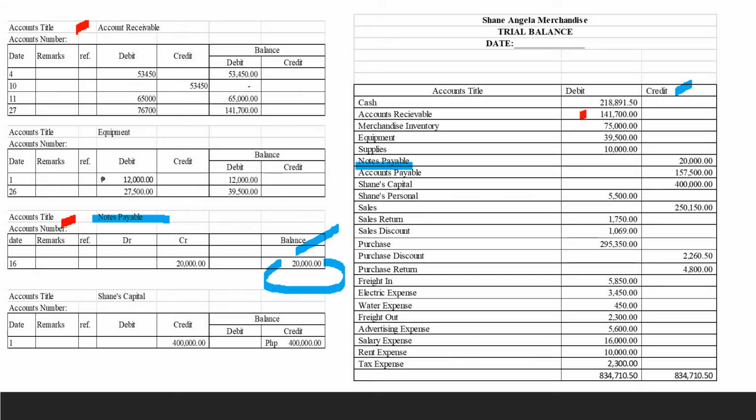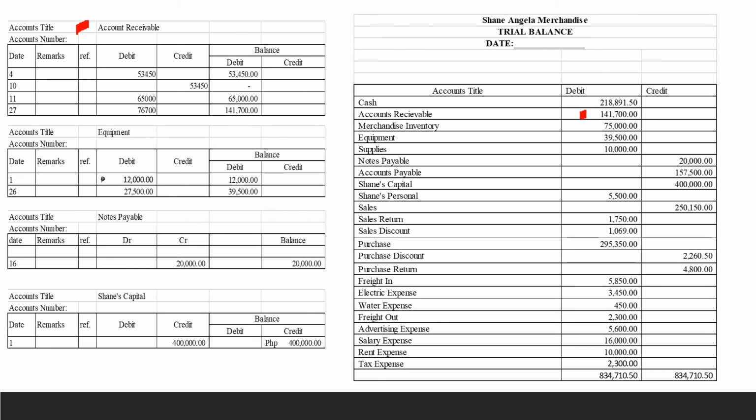So, next, we have change capital. So, yung ating change capital, ito siya. So, meron siyang credit balance na 400,000 pesos. Credit balance, kaya siya po ay nasa credit din, 400,000 pesos. Ayan po.